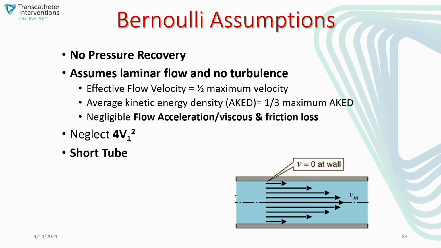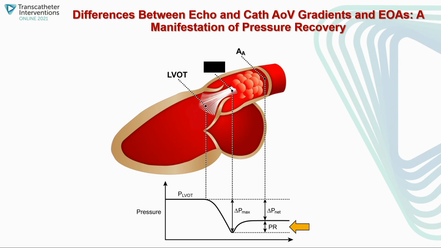It also assumes a straight and relatively short tube, which is not necessarily the case in a human heart. And it does not take into account the pressure recovery. So that's all the assumptions we make to apply the Bernoulli to the clinical context. And of course, several of these assumptions may not be met.